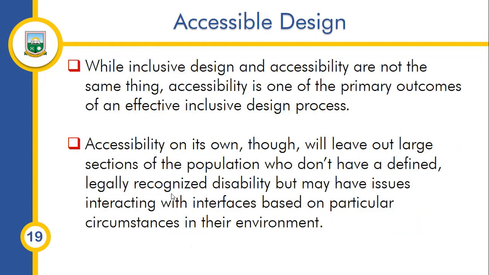Accessibility on its own, though, will leave out large sections of the population who don't have a defined, legally recognized disability, but may have issues interacting with interfaces based on particular circumstances in the environment. As I said, unless your disability is legally recognized, it won't consider it. It's not like the inclusive that considers everyone.